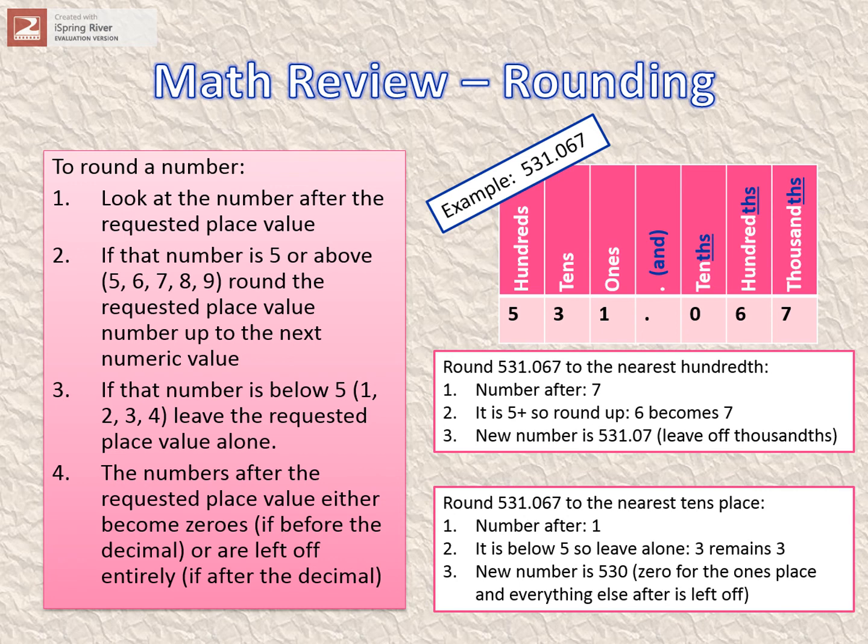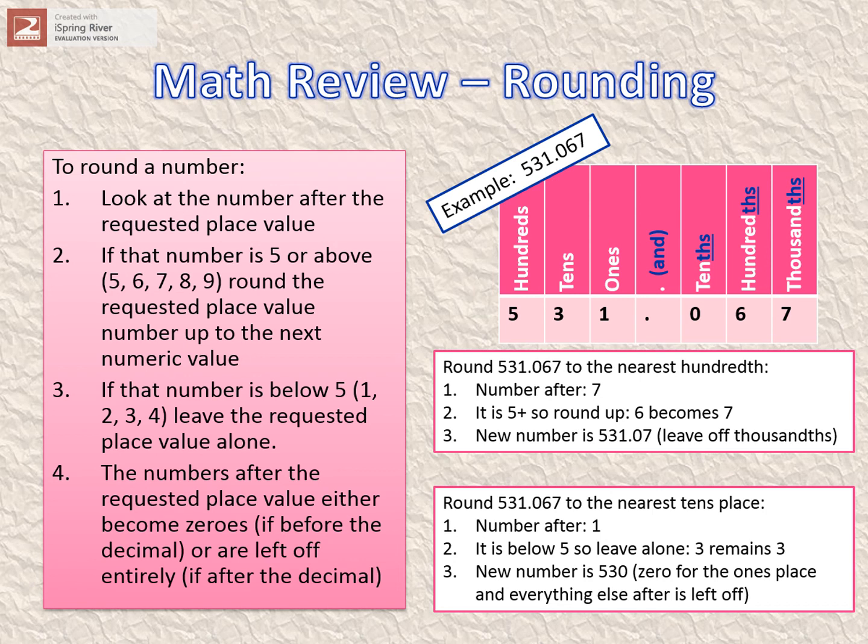Similarly, if I were to ask you to round to the nearest tens place, now remember that doesn't have a TH behind it, so it must be in front of the decimal. Tens place, that would be the 3 in that tens place. We are going to look at the number after that, which is the 1 in the ones place. Is that 5 or above, or is it below 5?